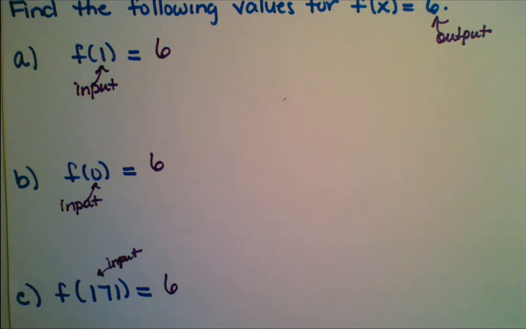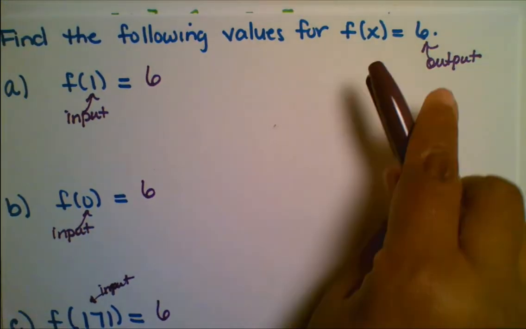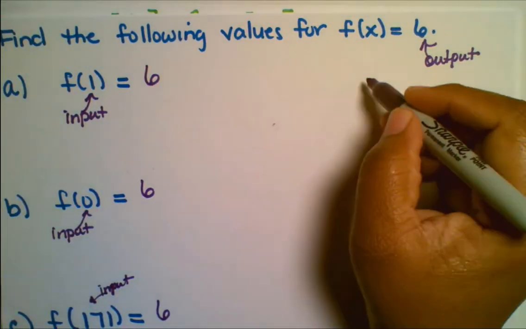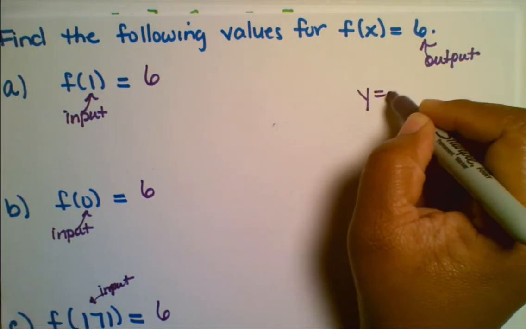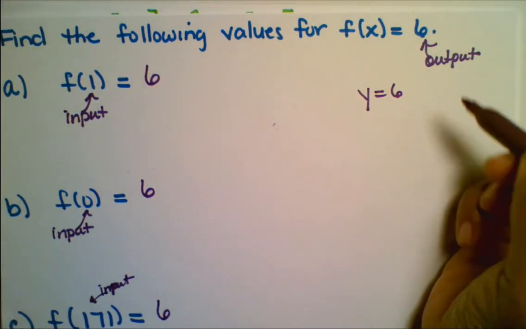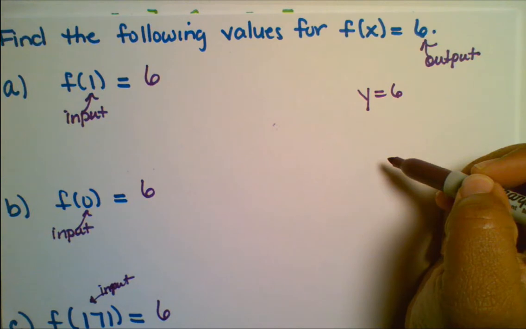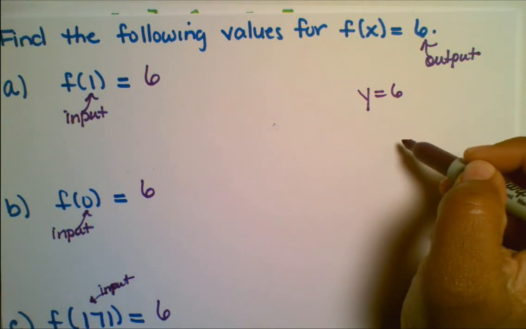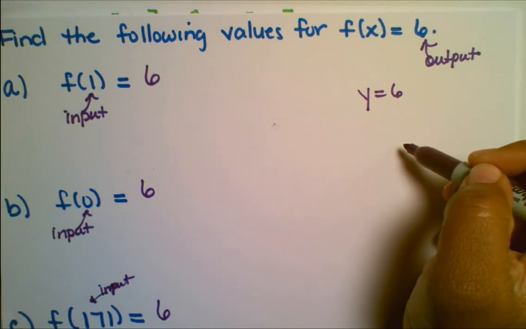So basically, if I had you graph this, the line would be a horizontal line, because we can rewrite f of x as y is equal to 6. And we know that y is equal to 6 is going to be a horizontal line at 6 because it's going to be parallel to the x-axis.